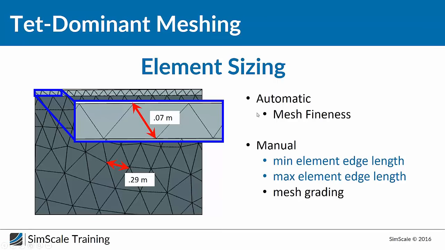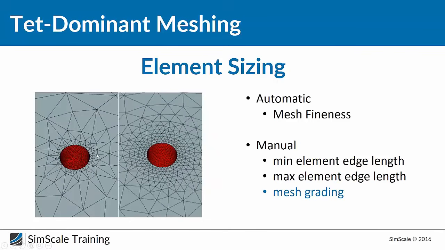In this case, the min element length was 0.07 meter, so 7 centimeters, and the max element length was 0.29 meter, so nearly 30 centimeters, and the mesher automatically adapts the element size based on the geometry, the proximity, etc. within this range. And you can control the growth between the different element sizes with mesh grading.